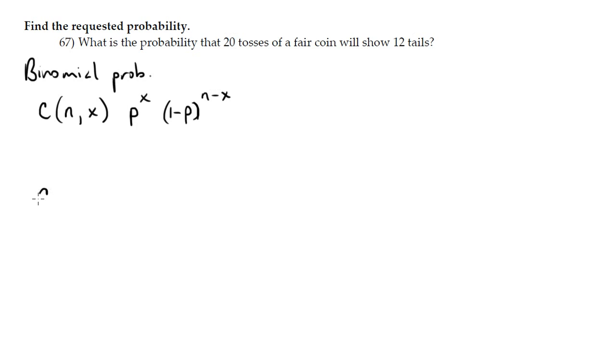Here we go. So combination, out of those 20 tosses, I want 12 tails. That's the number of different ways I can arrange 12 tails in 20 tosses. So it's like if I just looked at the probability, I got like the first 12 were tails, and then the last 8 were heads, right?